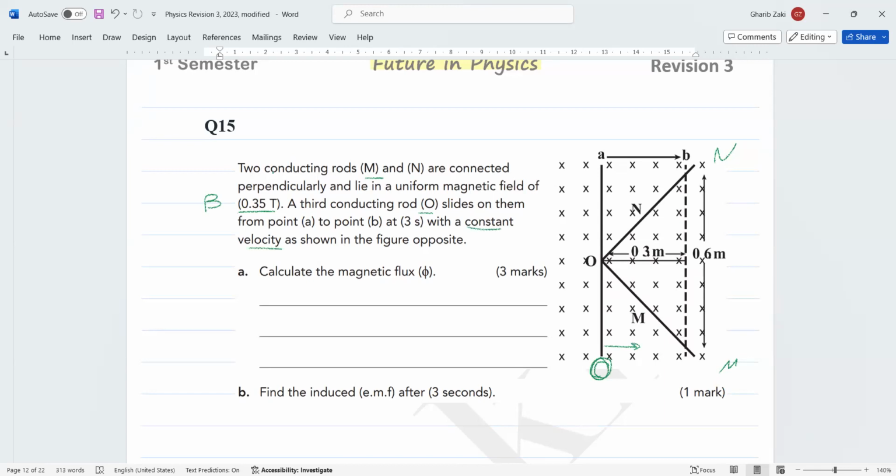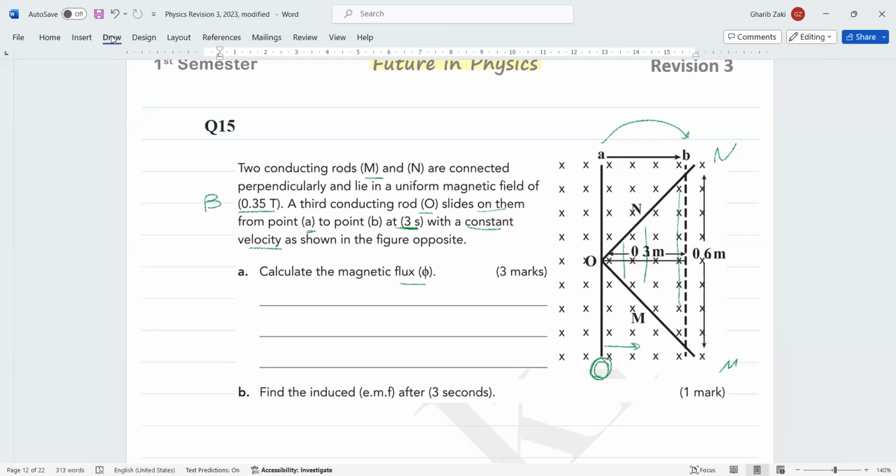Then at the beginning, the area here, can you see? The area increases at a constant rate. So we have a change in area. Now calculate the magnetic flux. He said it slides on them from point A to point B in 3 seconds with constant velocity. Calculate the magnetic flux. Phi equals what? Equals B times A. What is A?